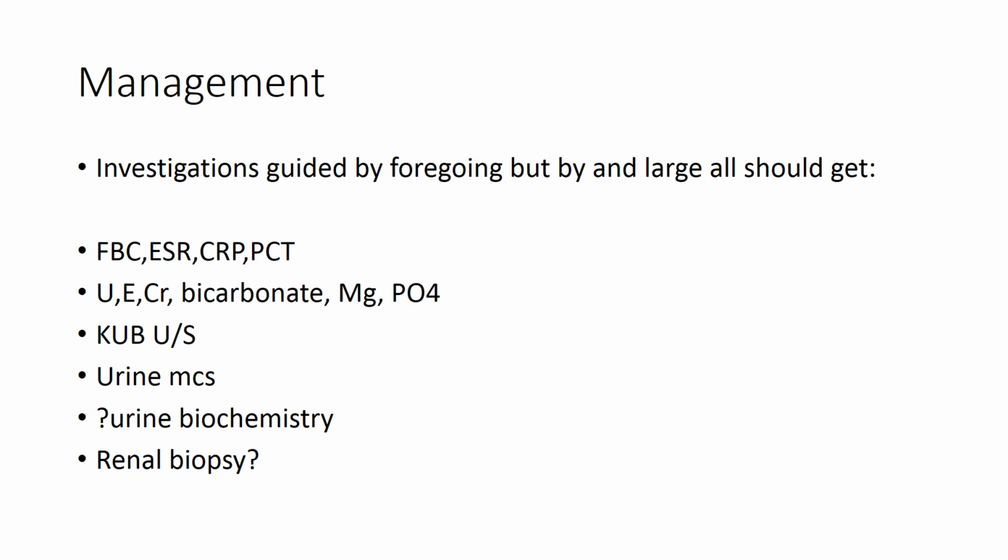If, for example, a patient presents with skin rash, arthralgia, renal failure, or if you can't quite figure out what's causing the renal failure or AKI, it would be a good idea to do a renal biopsy. Or if you think you're dealing with a patient who has rapidly progressive glomerulonephritis, you would then want to do a renal biopsy.